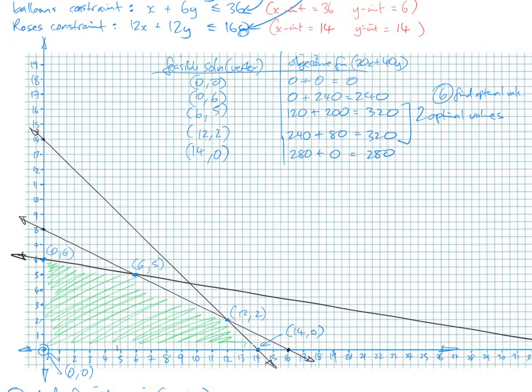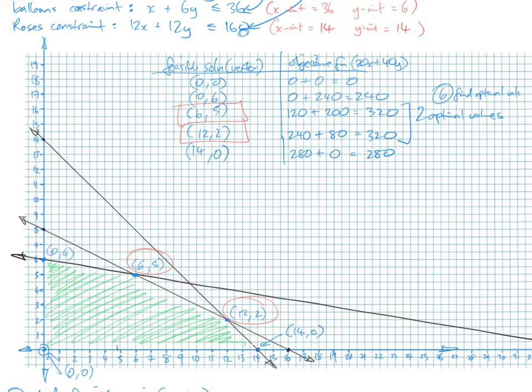This is what the new part of this video is about: when you have found two vertices that have the same optimal value, that means every valid point between those two vertices is also optimal. We've identified that 6, 5 and 12, 2 are producing optimal values. Every valid point between those as well is going to result in an optimal value too.